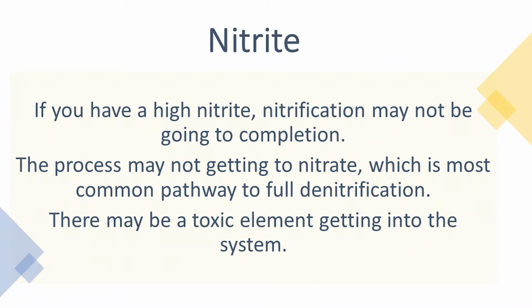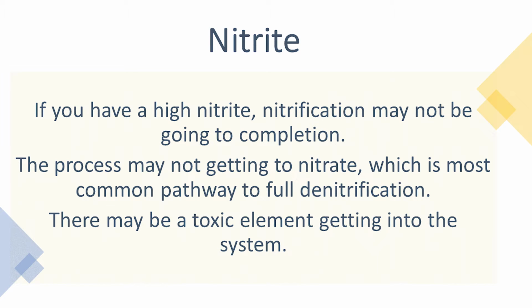Another key one is nitrite. Nitrite you don't hear much of because it's very transient, but if you have a high nitrite, that means the nitrification process may not be going to completion. It's only going to nitrite, and it's not getting to nitrate, which is usually the most common pathway before denitrification.